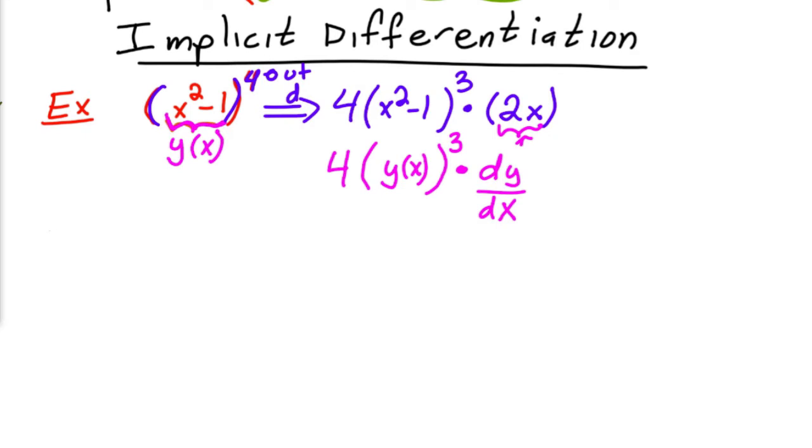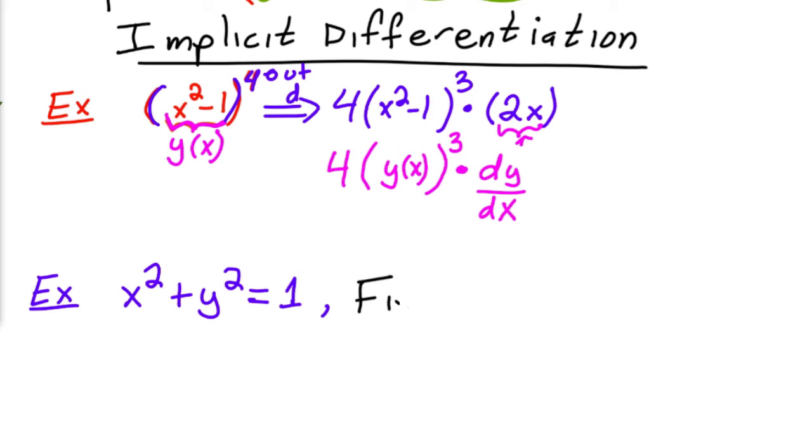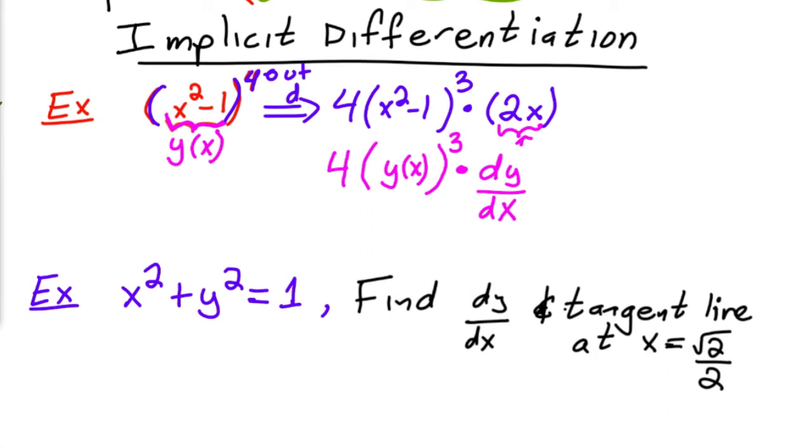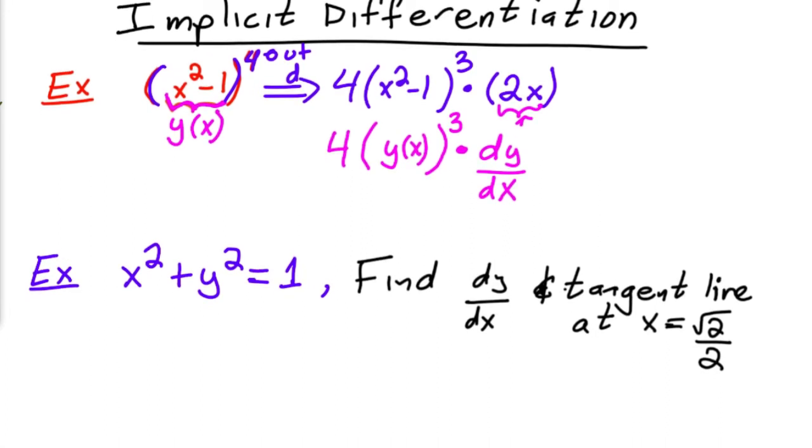So let's say, for example, you have x squared plus y squared equals 1, and you want to find the derivative and you want to find the tangent line at x equals root 2 over 2.